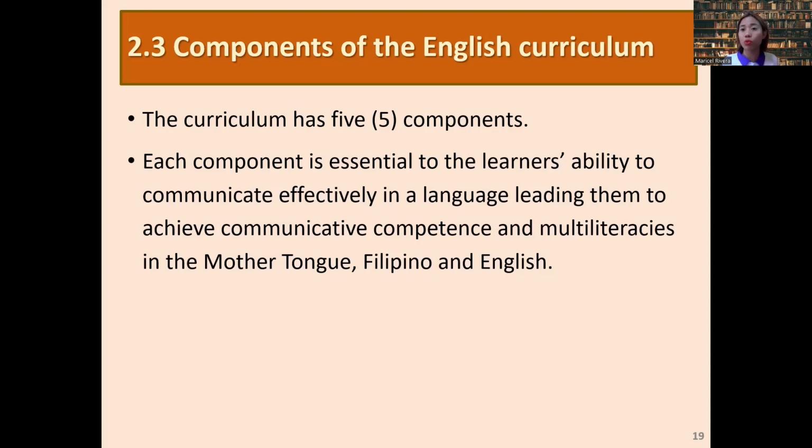But in our case, of course, we will focus on the English. Now, in the previous lesson, we already talked about communicative competence and multiliteracies as well. That really is the main goal, or the very outcomes, of the K-12 English curriculum. So let's try to watch this video.